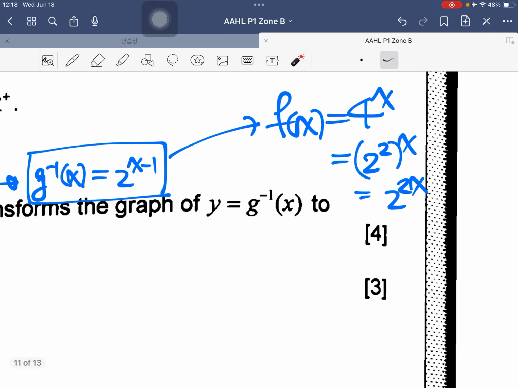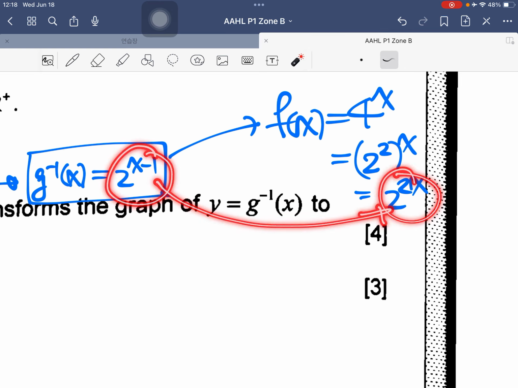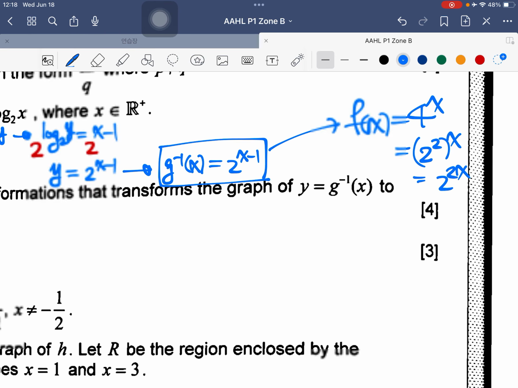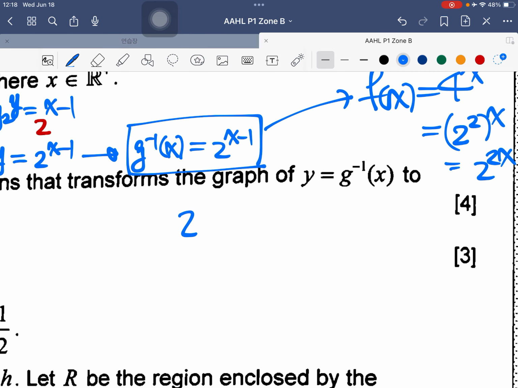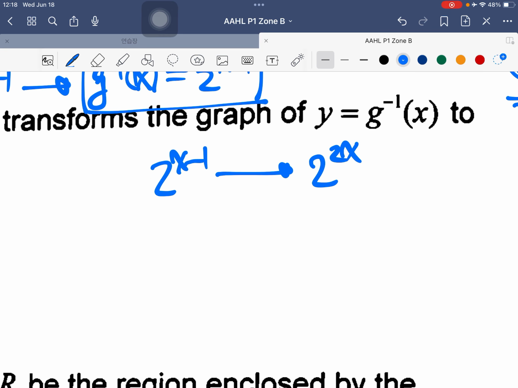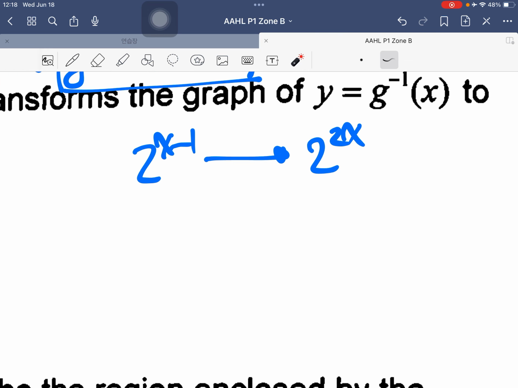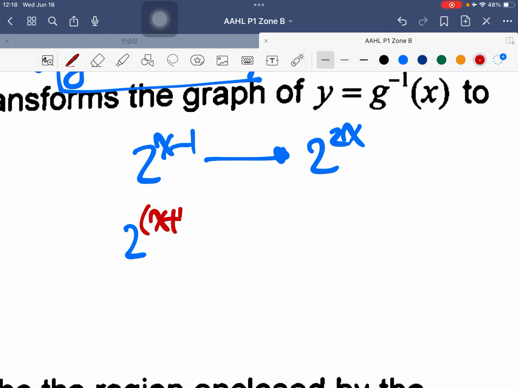So you have to describe the transformation from 2 to the x minus 1 power to 2 to the 2x power. So what you can do is, instead of x, you put x plus 1 minus 1.